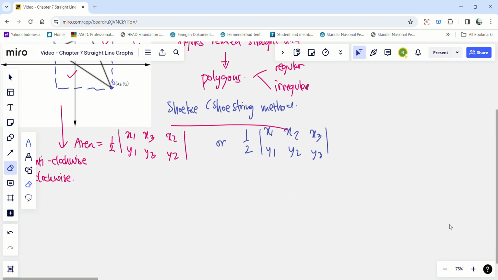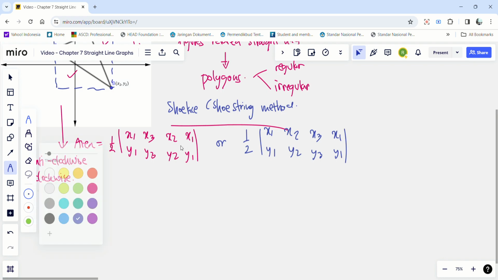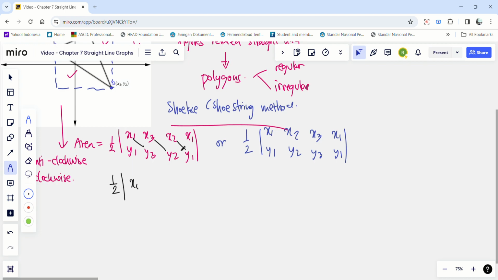Now the way it is written is not actually like this. I have to add another one, going back to the original coordinates, x1, y1, here also x1, y1. Then the way we do it is to multiply this pair. So it's a half times x1, y3 plus x3, y2 plus x2, y1. I just have to multiply that way.